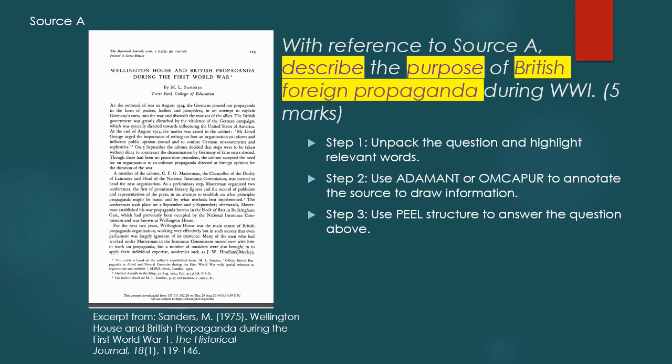Examine what it is, read the question, unpack the question and highlight relevant words. For example, I've highlighted the words describe, purpose, British foreign propaganda. These are the key words, and when I'm reading the source, I will look for words such as British foreign propaganda to help me come up with an argument when I'm answering the question.